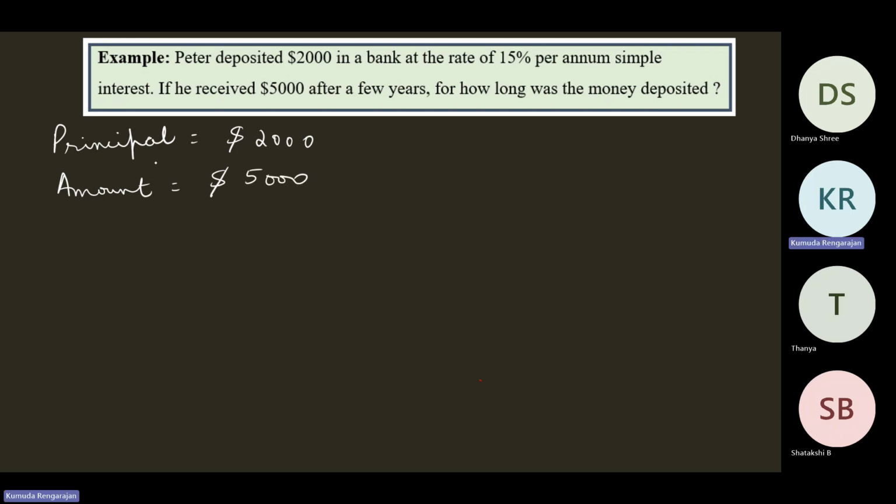Now, the difference between the amount and principal: you actually gave the bank $2,000, but they are returning 5,000 to you. That means the simple interest they've given you is amount minus principal, which is 5,000 minus 2,000, which is $3,000. How did 2,000 become 5,000? Because the bank has given you some interest.